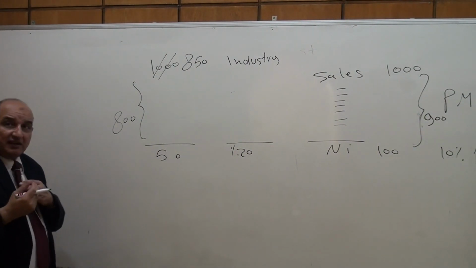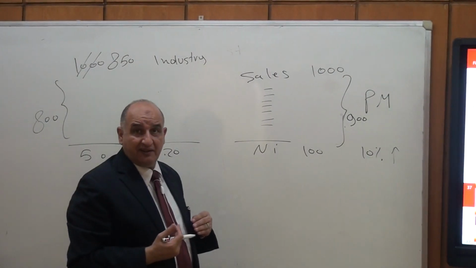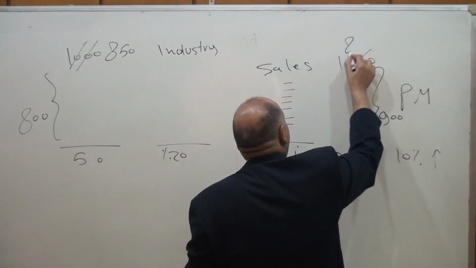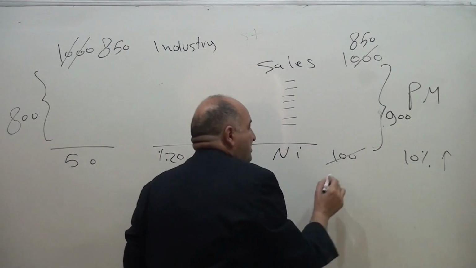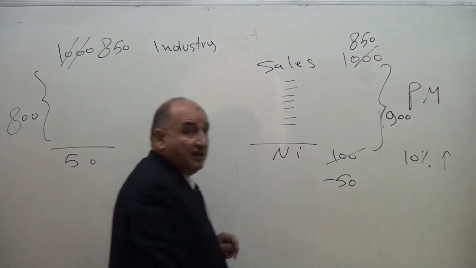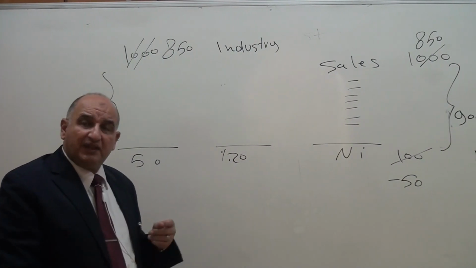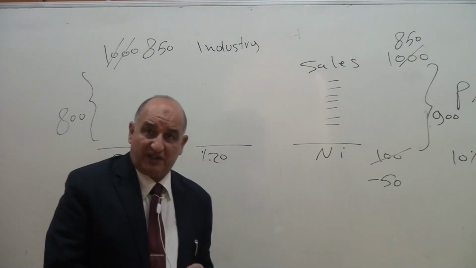But for me, I also have to reduce the price. If I reduce the price to 850 and my cost is 900, in this case I have a loss equal to 50. Over time I can't continue, so I will go out of the market.